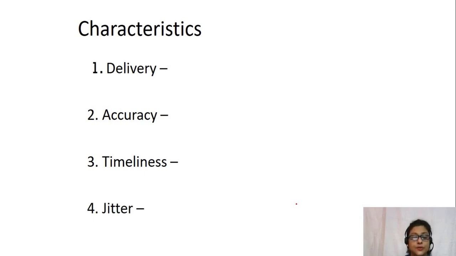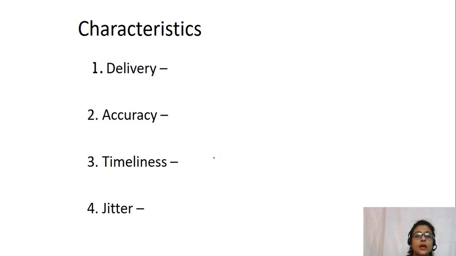Next is jitter. This happens when there is delay in the delivery of data. To be more precise, a message may be divided into a large number of chunks of data, and these are called packets. So each packet is itself data. During the course of transmission, let us look at this diagram here.